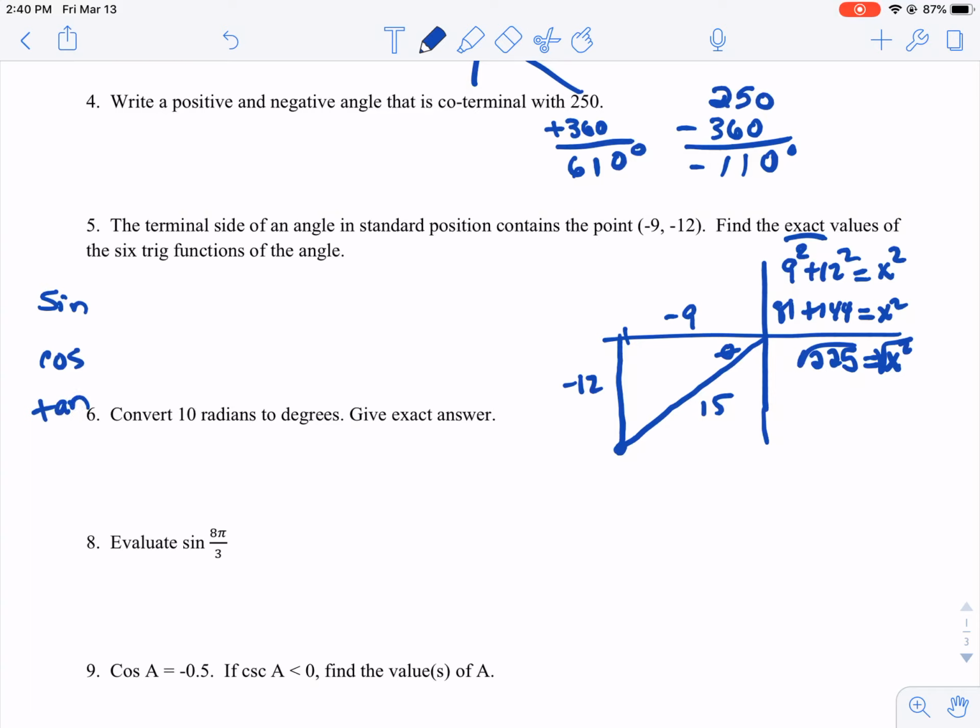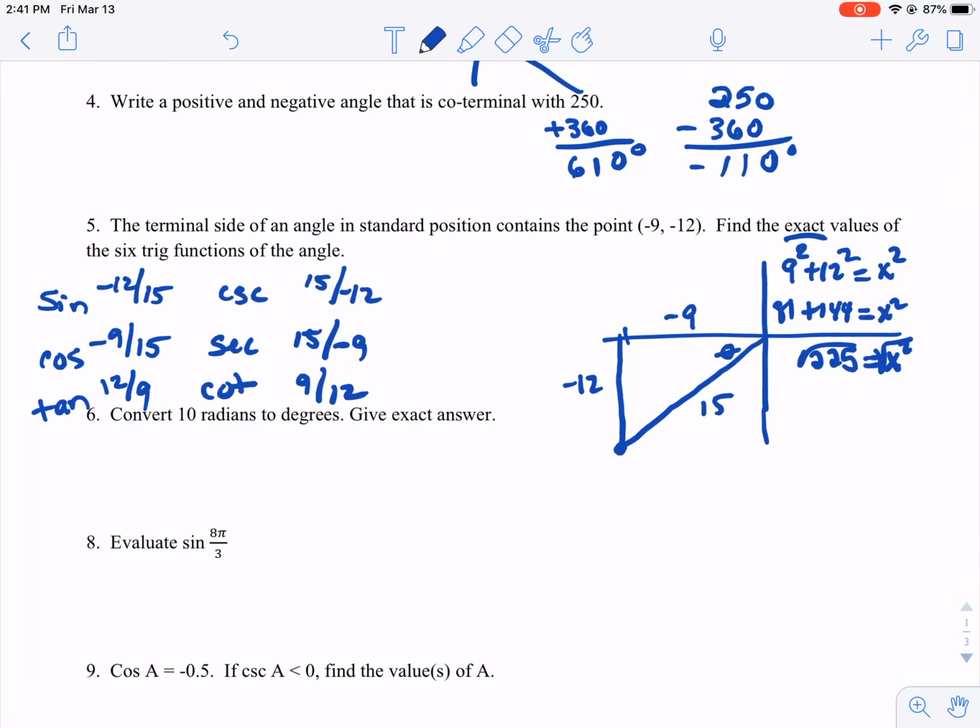Sine is opposite over hypotenuse, so -12/15. Cosine is adjacent over hypotenuse, -9/15. Tan is opposite over adjacent, so 12/9 when you remove the two negatives. And cosecant is the reciprocal of sine. Flip it over. Secant is the reciprocal of cosine. Flip it over. Cotan is the reciprocal of tan. Flip it over.